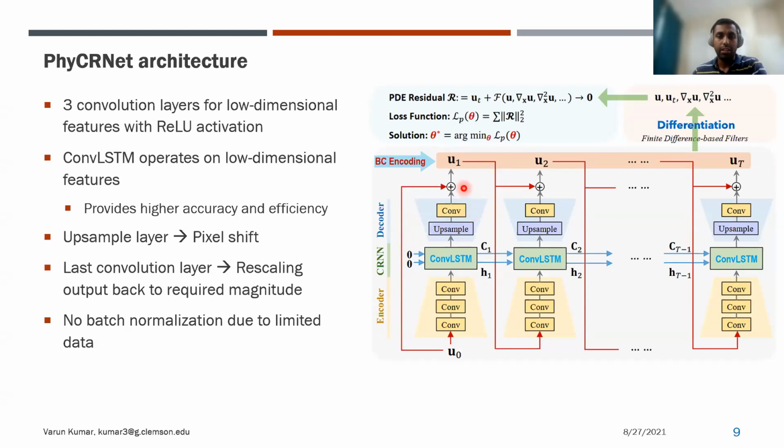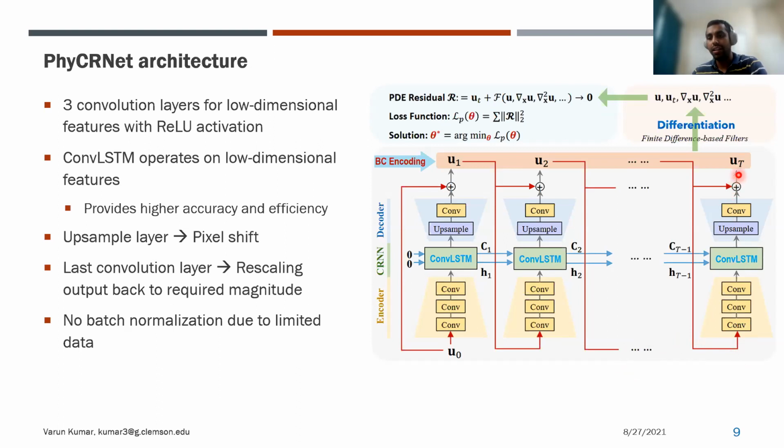And then the output is fed through an integrator. This is where they're adding the time step to this initial input and getting an output. And then, like in general auto-regressive models, this output from the first time step is fed as an input to the next step. That's how the whole architecture is designed.